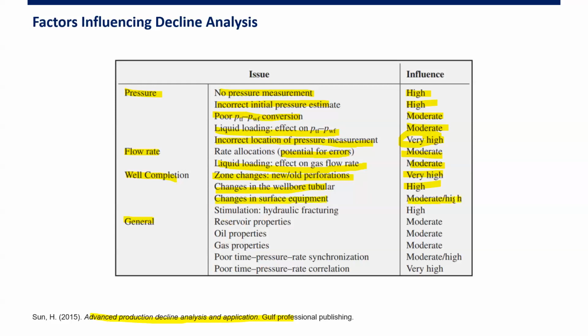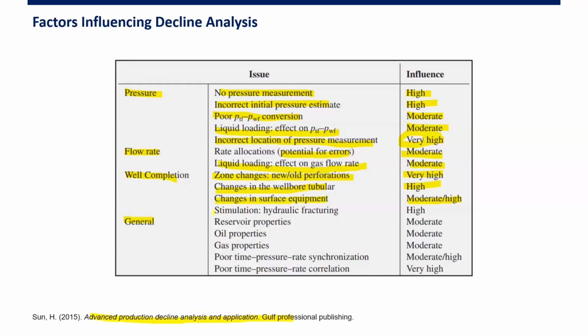But the simplest thing to do is make sure that whenever you perform decline analysis, you have no change in your wellbore, even in your operation, in your wellhead condition, the frequency of your ESP, the gas injection rate for your gas lift, the stroke length and the stroke per minute for your sucker rod pump. No change, please, whenever you perform decline curve analysis.